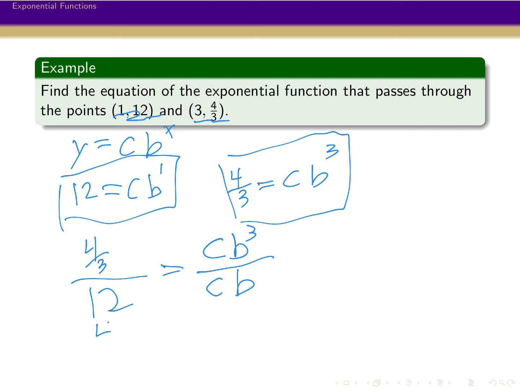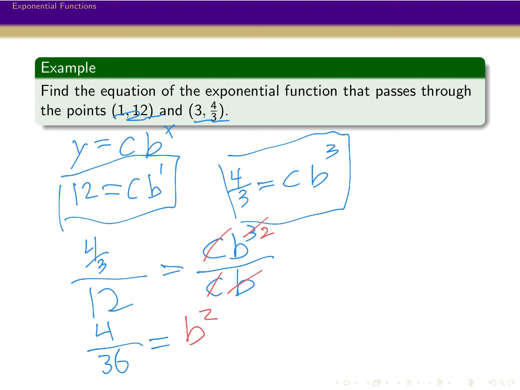This is the same thing as 4 over 3 times 12, which is 36. On the right-hand side, I have c times b cubed over c times just b. Well, I can cancel off these c's, and b cubed divided by b is going to cancel off to b squared. So I have 4 over 36 is equal to b squared.